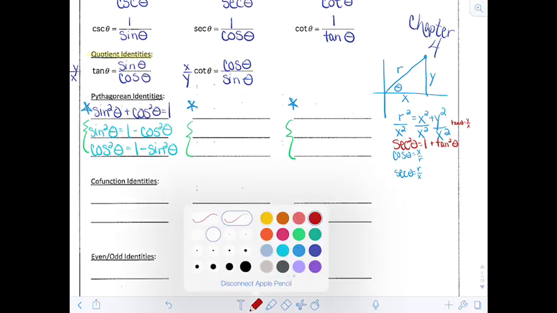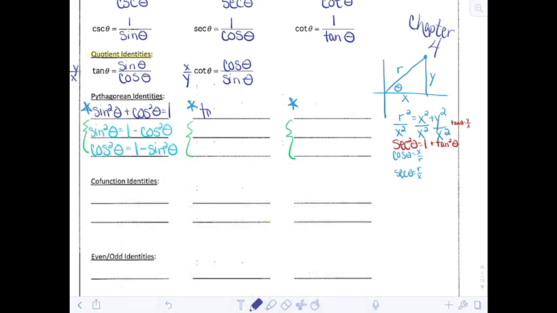And I'm going to write it this way, just how it's standardly written or said. Tan squared theta plus 1 is equal to secant squared theta. And that's where it comes from, the right triangle dividing everything by x squared, and then looking at those ratios and what they represent with the trig functions. So the two beneath this are manipulations of this equation.